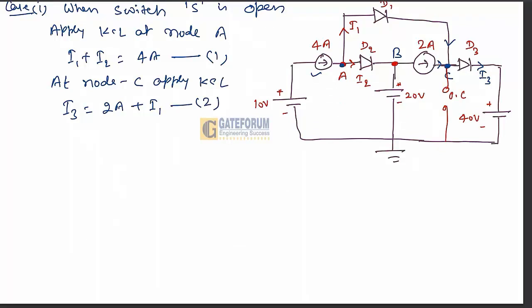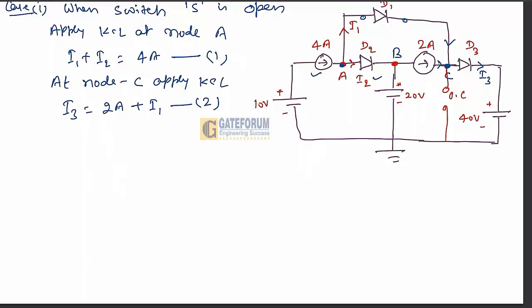Now here we don't know whether this I1 is positive. If the diode is conducting, I1 will be positive. If the diode is not conducting, this I1 will be 0. It means this will behave as an open circuit. In a similar fashion for the D2 diode also, if D2 conducts, then this I2 will be positive. Otherwise, this I2 will be 0.